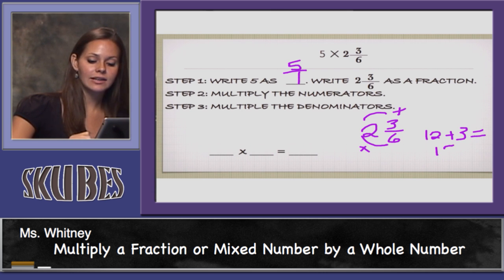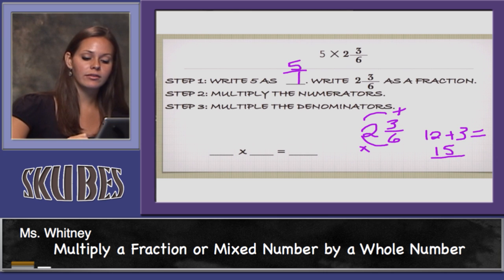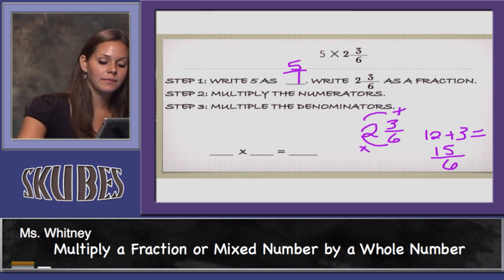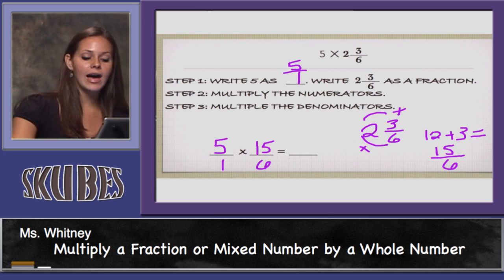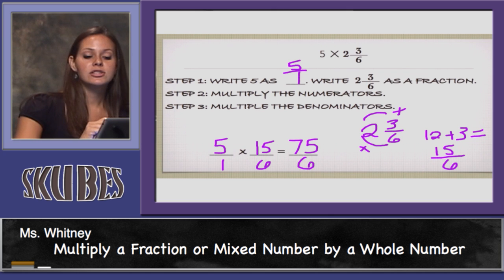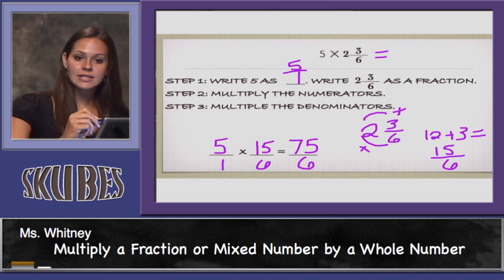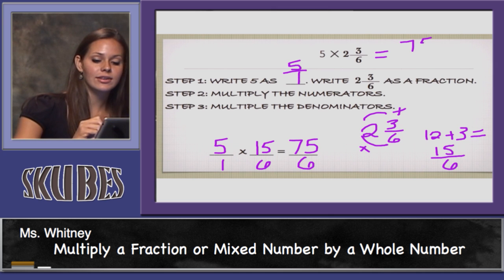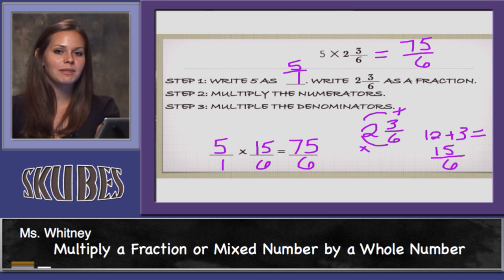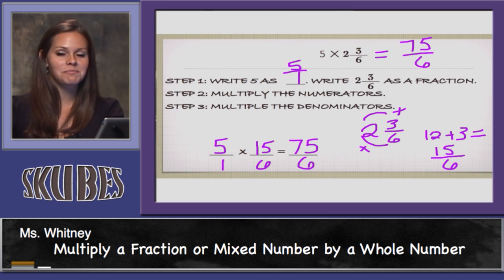We'll get 15, and we keep our denominator the same, so 15/6. Now we can multiply. We'll start with our numerator. 5 times 15 equals 75. 1 times 6 equals 6. So 5 times 2 and 3/6 equals 75/6. This concludes our lesson on multiplying a fraction or mixed number by a whole number.